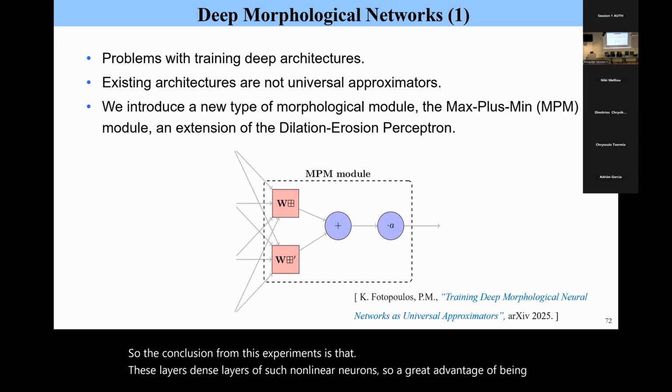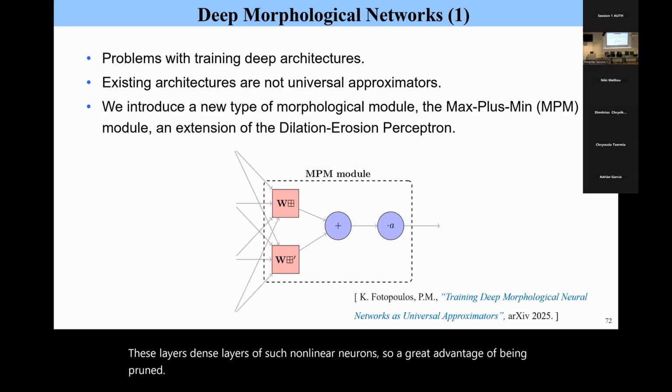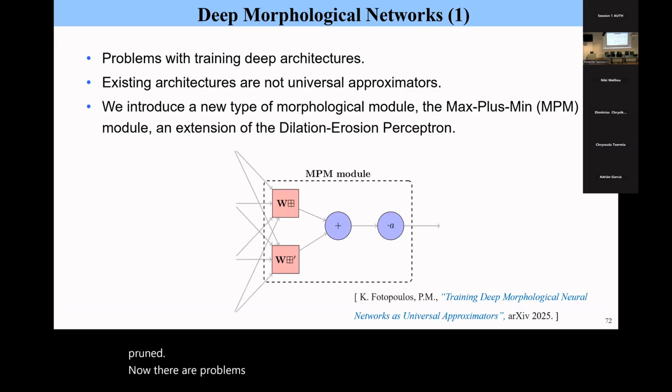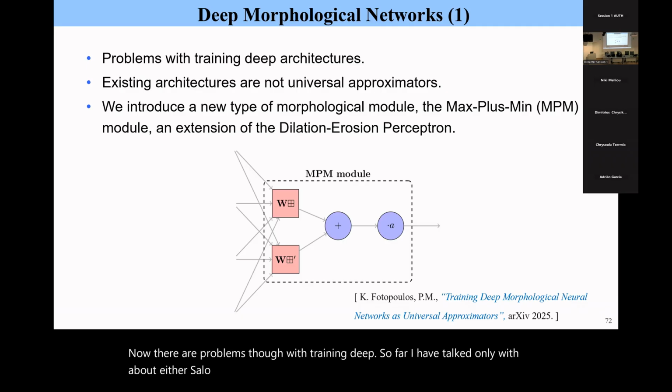pruned. Now, there are problems though with training deep networks. So far, I have talked only about either shallow or dense morphological networks. Now, what happens when we go to deep networks that contain these nonlinear neurons?